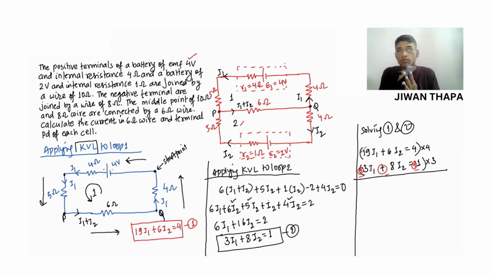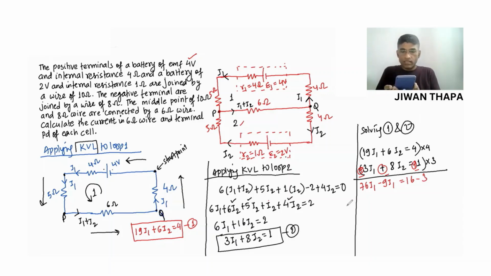Now 19 times 4, we get 76I1 minus 9I1. So this cancels out. Equals 16 minus 3.